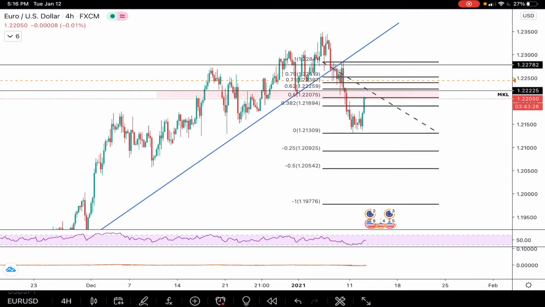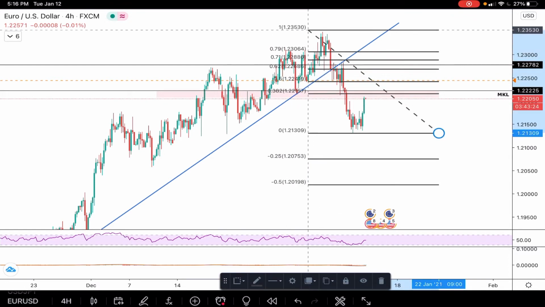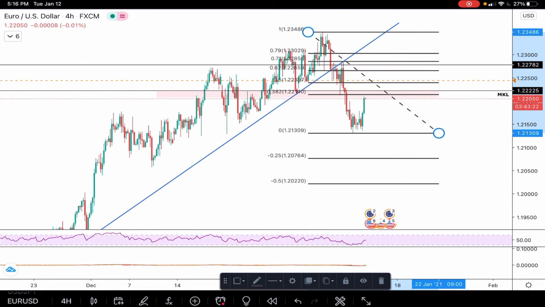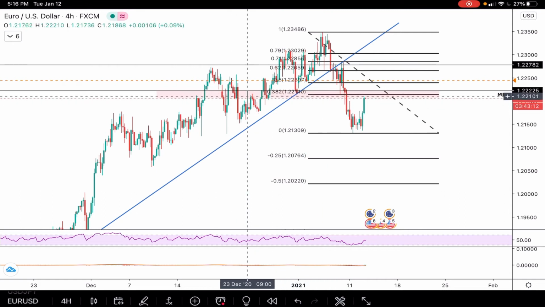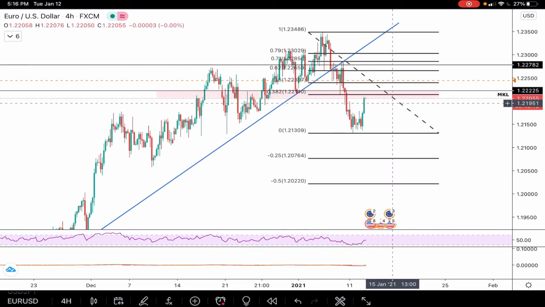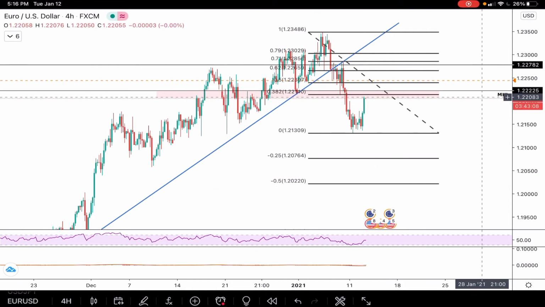But yeah, coming back to this right here, you can also look at that 50% in this area right here and still see a lot of rejection. But it also could be in this area right here where it lines up with this monthly key level.